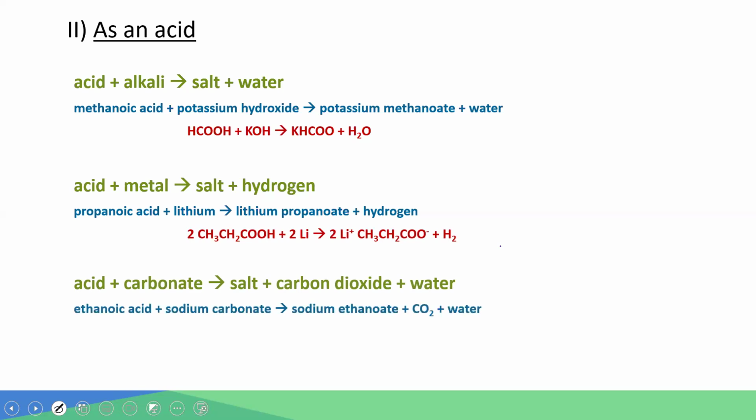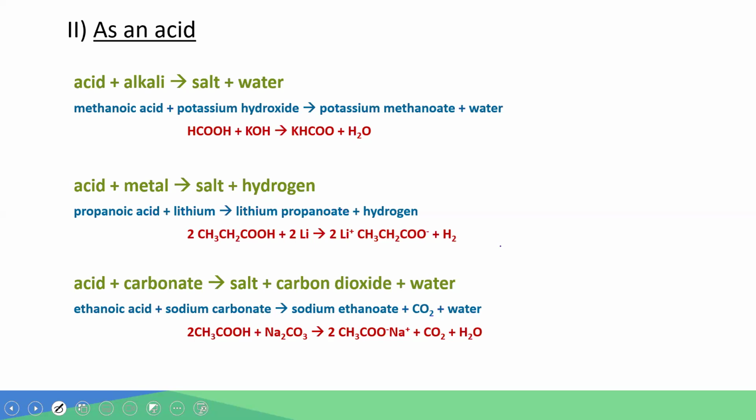Again, ethanoic acid plus carbonate gives you sodium acetate plus carbon dioxide plus water. These are the reactions of carboxylic acid as an acid. All acids do these reactions. The equations are important to understand because they are different from regular reactions.